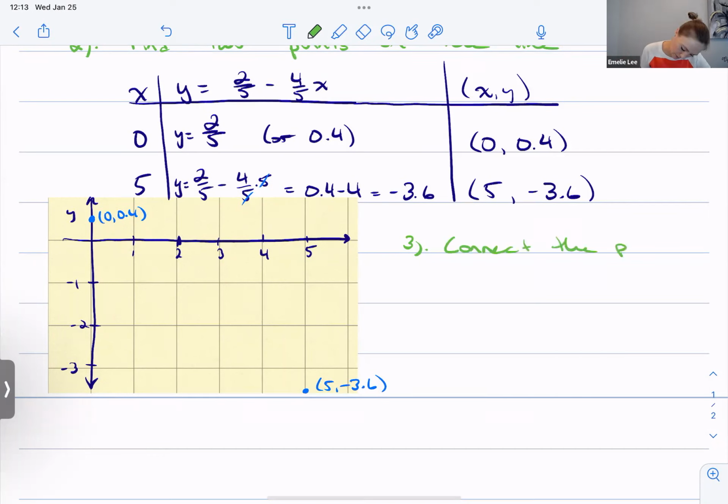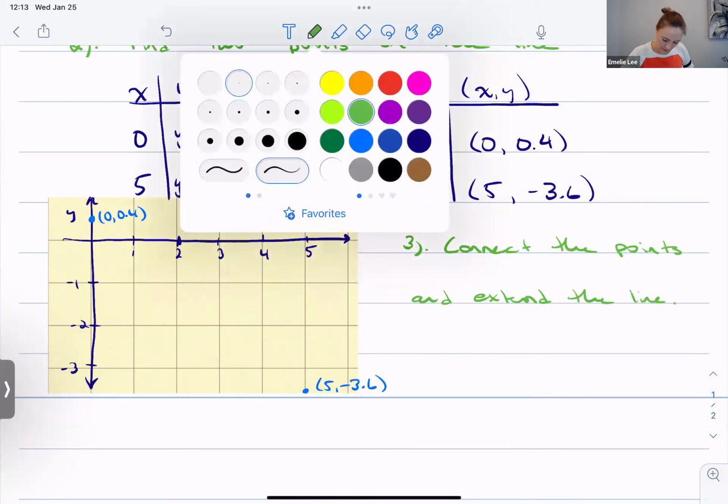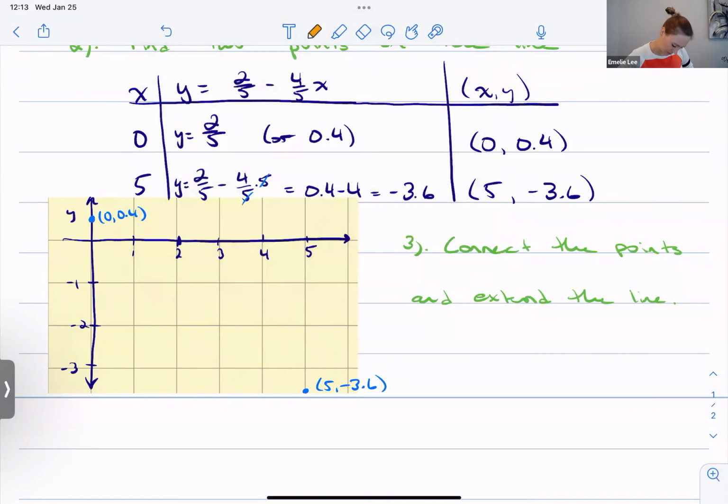Connect the points and extend the line. All right, and so here, maybe in orange. There. Now I've drawn the line just like we were supposed to.